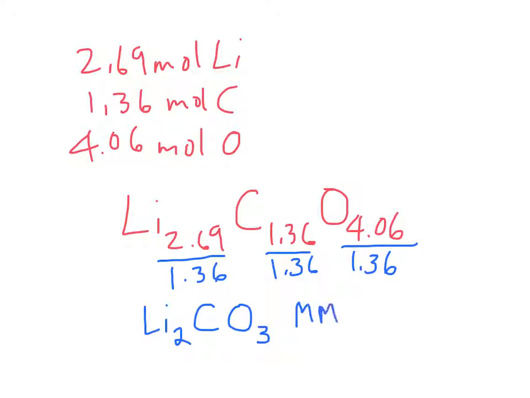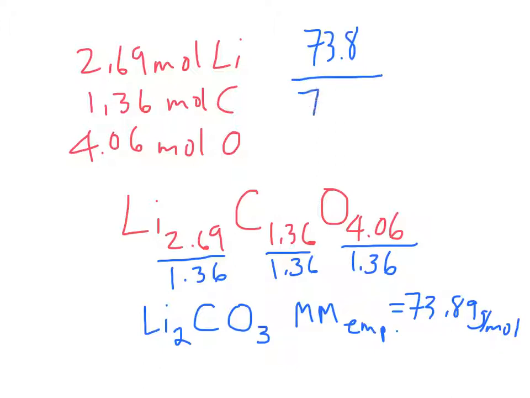Now the molar mass of the empirical formula is 73.89 grams per mole. So for the multiplier, it tells us the molar mass of the actual compound was 73.8.